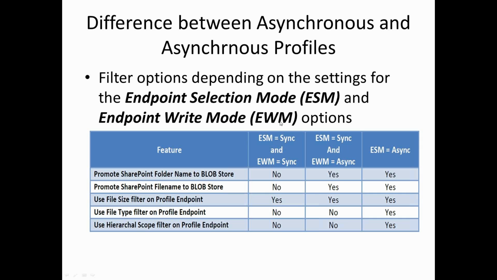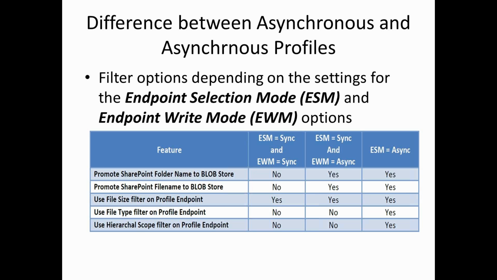Now, the reason this is important is you need to know what options are available for filtering out the content which is being externalized. When you have it in sync and sync mode, which is endpoint selection mode and endpoint write mode as sync and sync, you don't get most of these filter conditions.